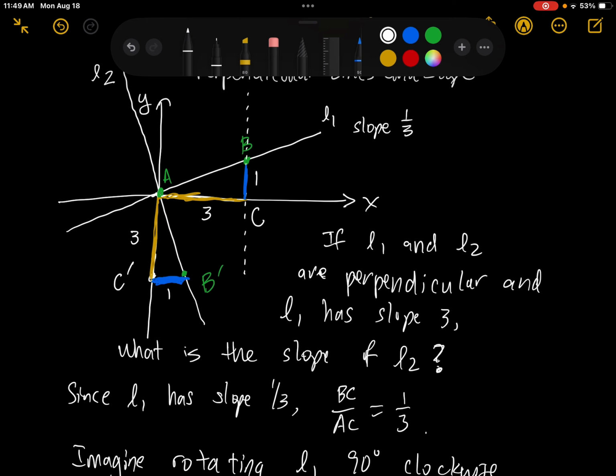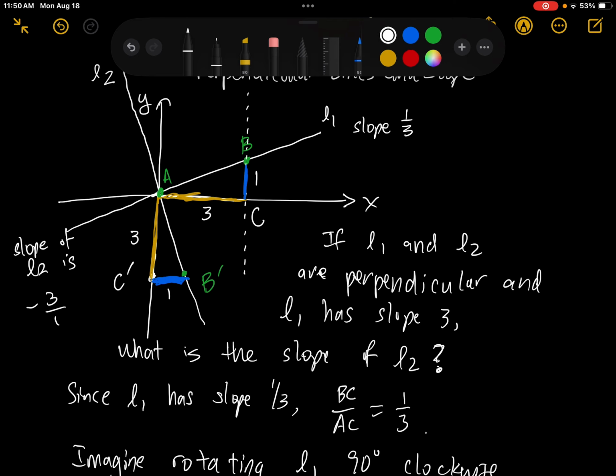And we're trying to find the slope of L2. Well, L2 is going down, so is the slope of L2 positive, negative, or 0? It's negative. You take the vertical change and divide it by the horizontal change, so the slope of L2 is 3 over 1, but it's not exactly 3 divided by 1.